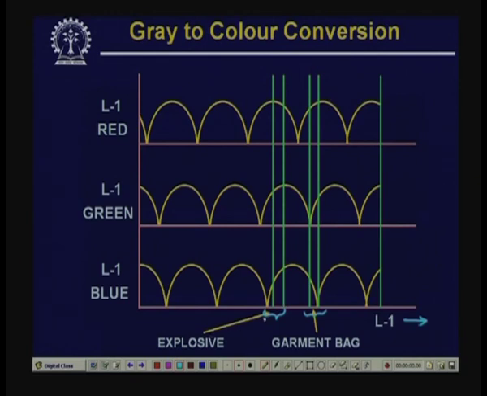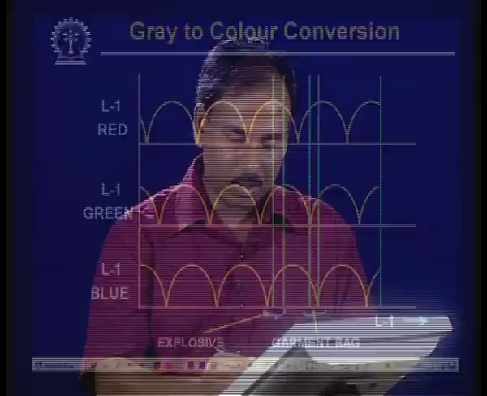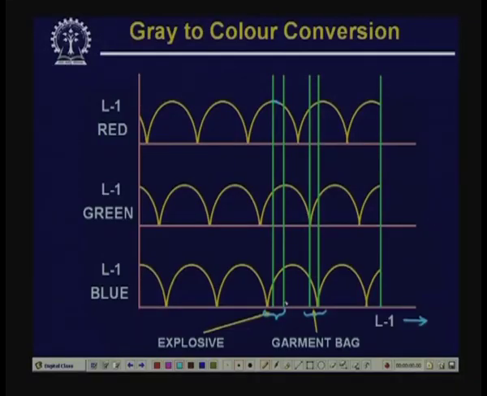So, if this is the band which is used to detect the explosives, the amount of red component which is generated by this particular band is the maximum one. So, an explosive will appear to be a red one, whereas for this particular one which is for the garment bags, the red component is not as high as this.